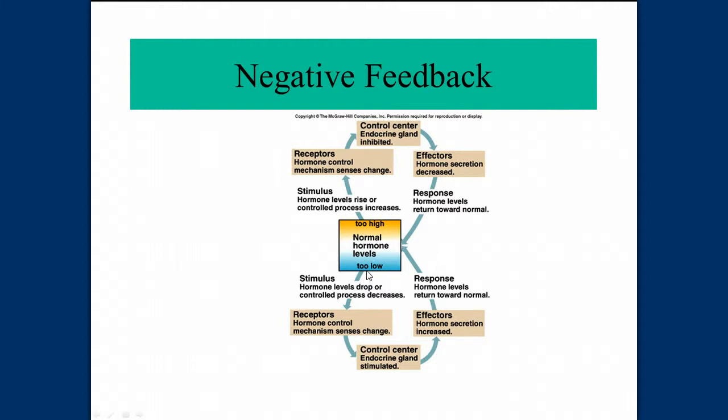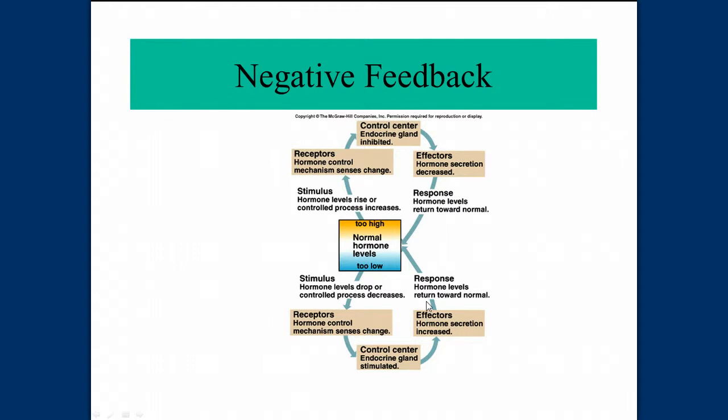When the hormone levels drop too low, the hormone levels are measured by receptors throughout the body, and when the hormone level drops below an acceptable amount, the receptors will signal the control center. The mechanism senses the change. The control center may be in that endocrine gland, or it may be in target cells that secrete the hormone, and the hormone secreting cells are stimulated, and these hormones are secreted and the hormone levels will increase.